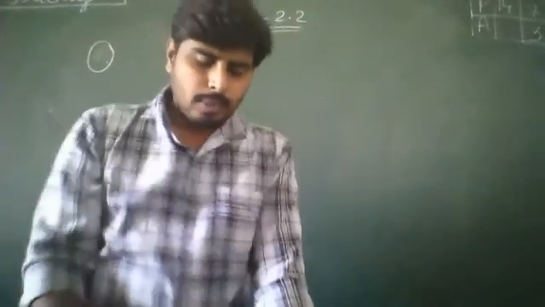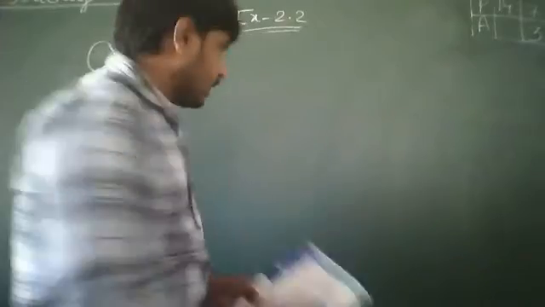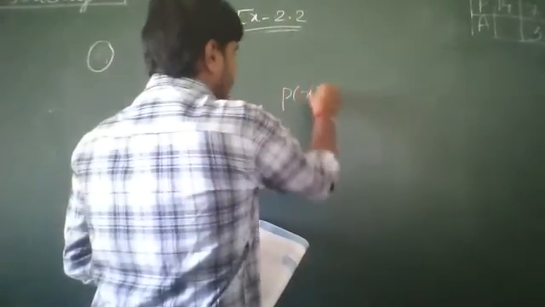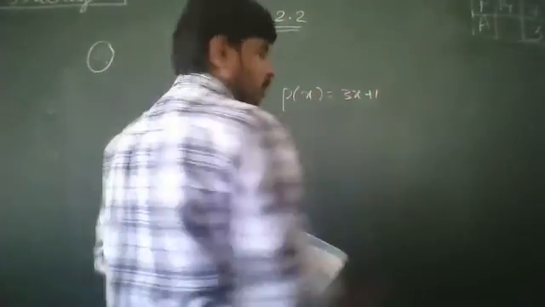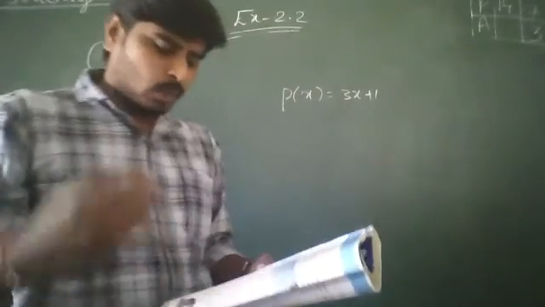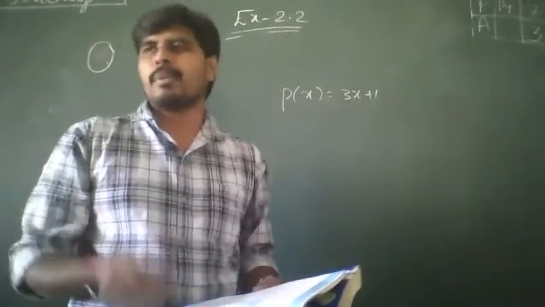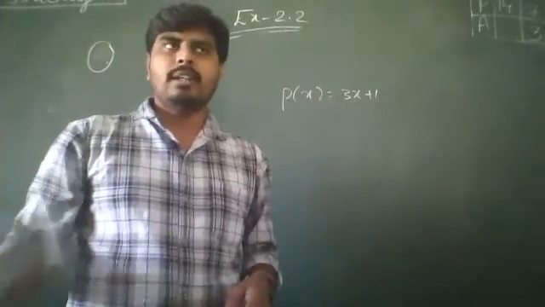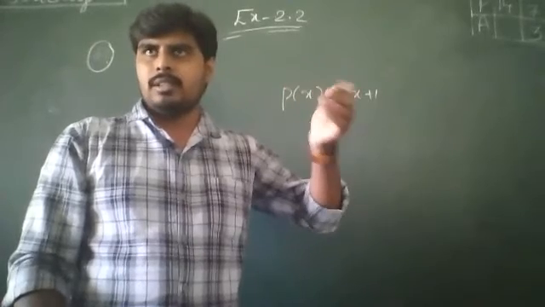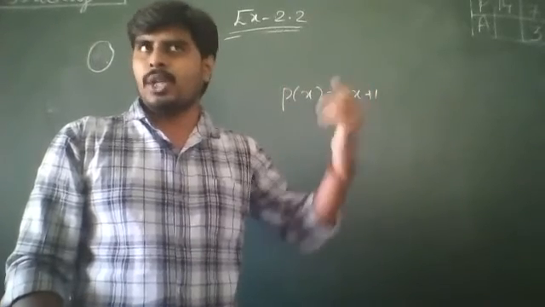Example 2, P of x is given. P of x is equal to 3x plus 1 is given. Right? It asked us to find zero of a polynomial. So how do we find? We know how to find value of polynomial.